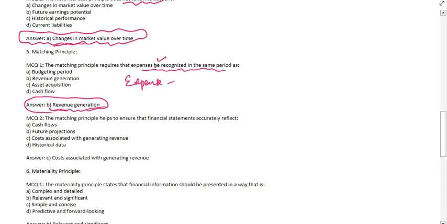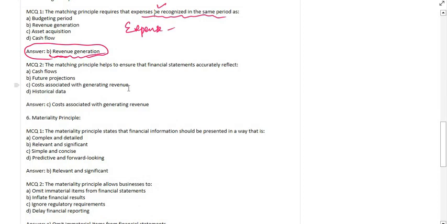The matching principle helps to ensure that financial statements accurately reflect the costs associated with generating revenue.